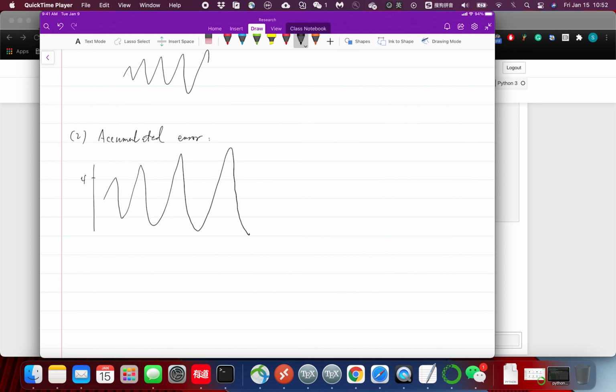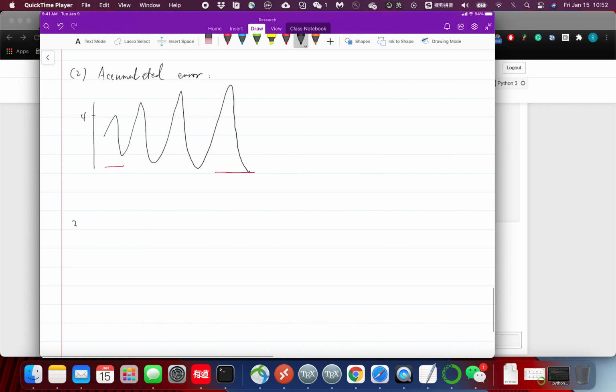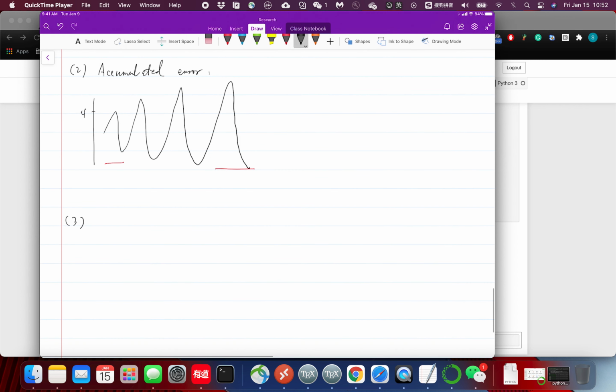So usually a phenomenon you're going to see is, as time goes by, you should trust the front more than the later. Number 3 is somehow design the numerical method to be stable.